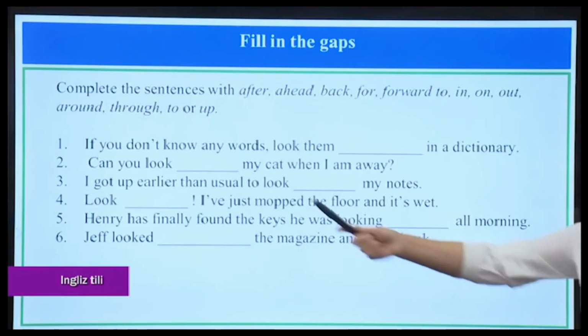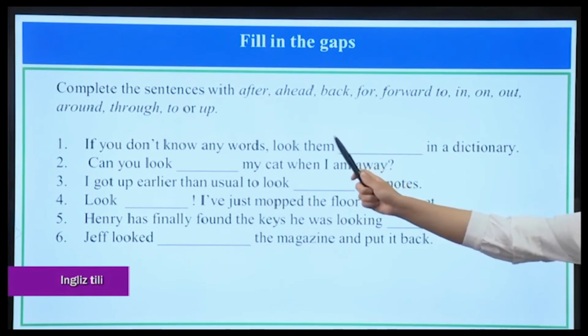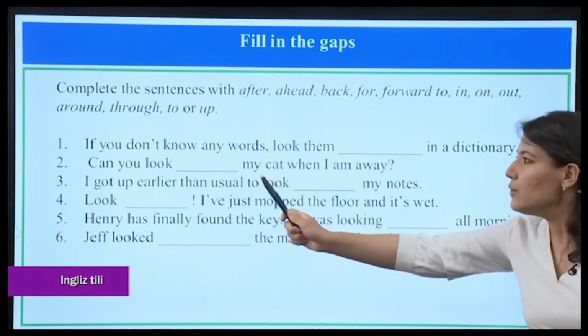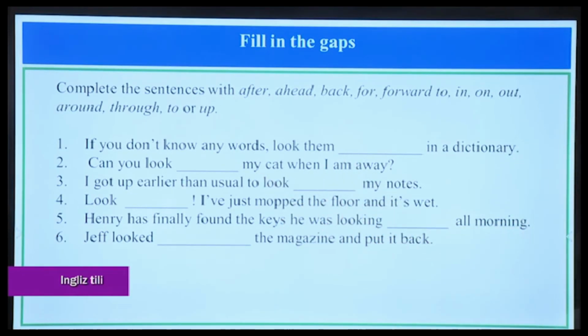For example, if you don't know any words, look them up in a dictionary. Or maybe, can you look after my cat when I am away? In this way, all the gaps should be filled and your pupils should make up a full sentence.